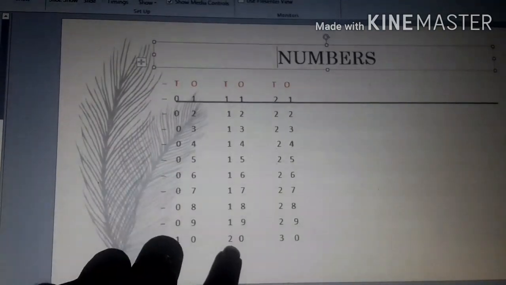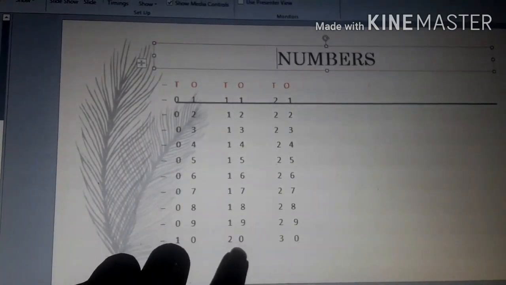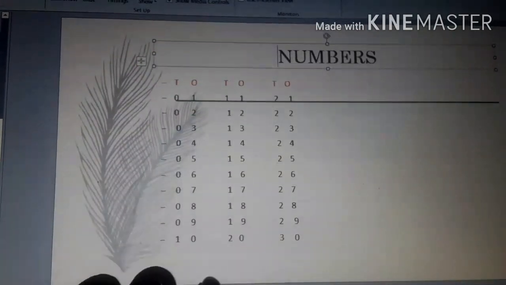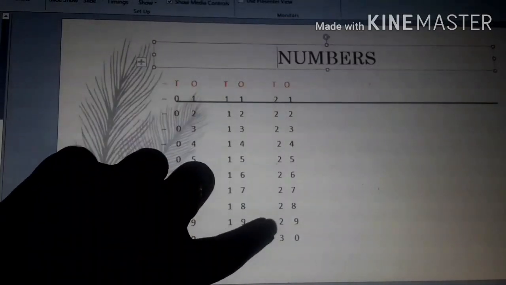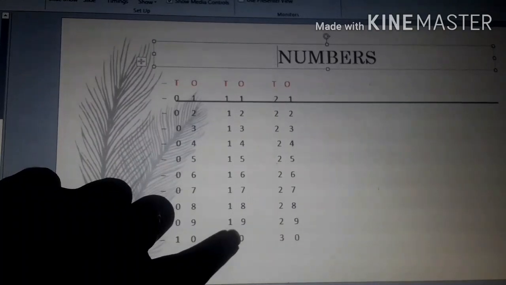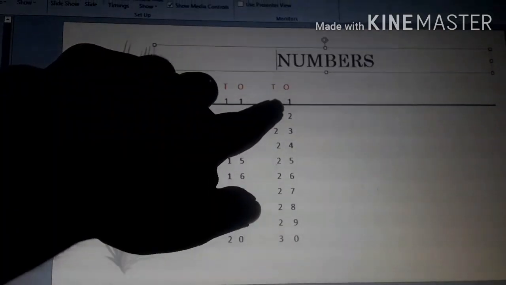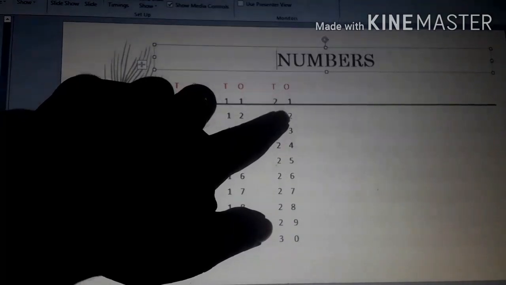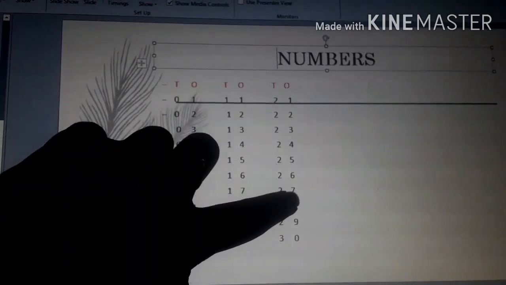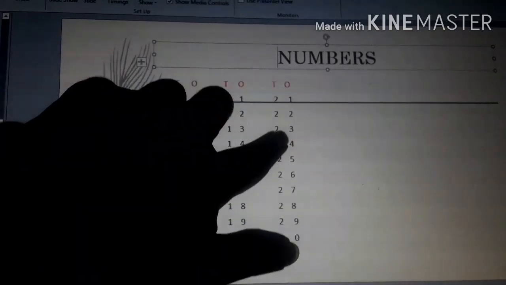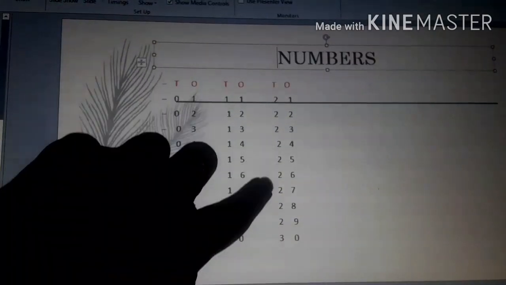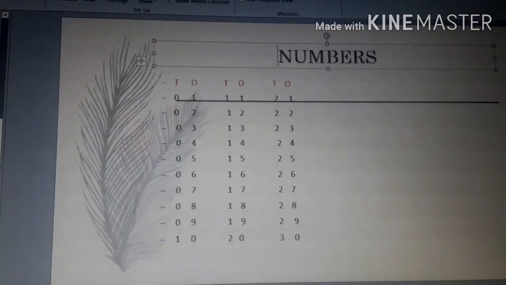Now this is called 20. Then after 20, children, we'll start with 21. 2 will remain in the tens place and the ones place will keep changing. Okay? After 0, what comes? 1. After 1, what comes? 2. 2, 3, 4, 5, 6, 7, 8, 9. Can you see, children? The numbers in the ones place are changed and the number in the tens place remains the same.